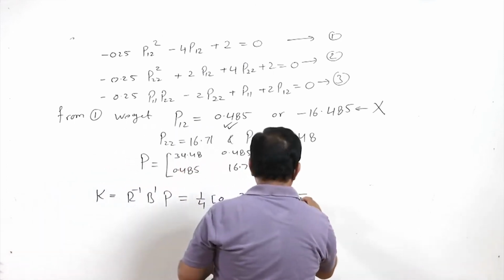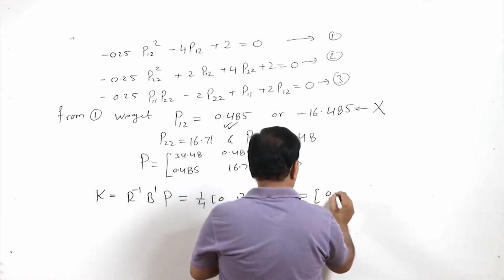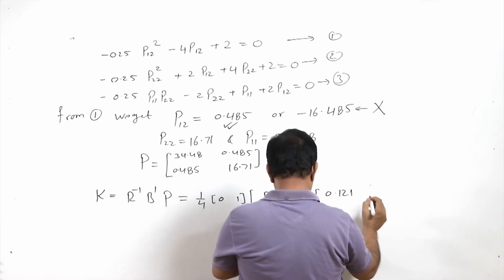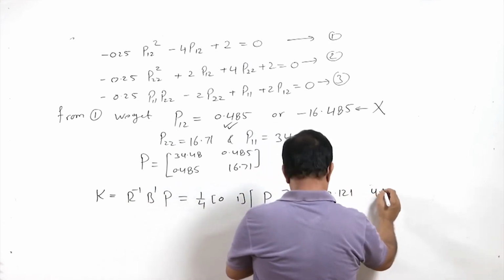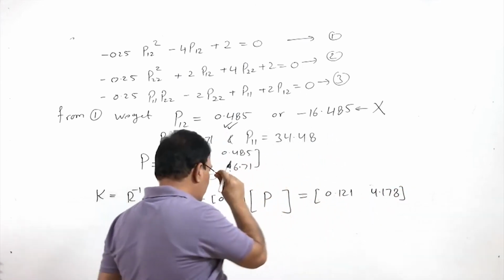If we solve this, we get K to be 0.121, 4.178. So, this is the value of K.